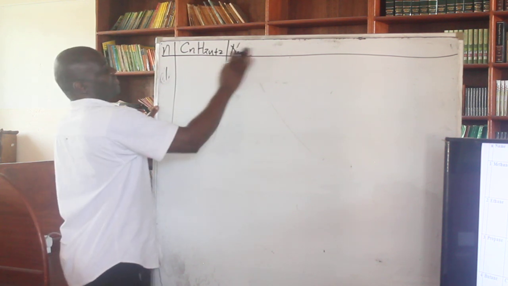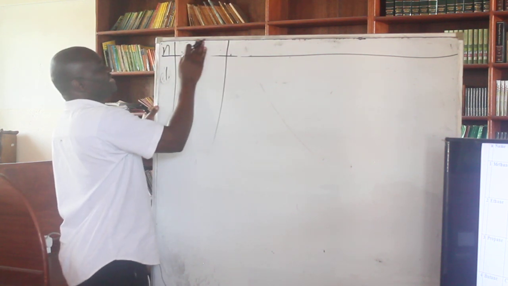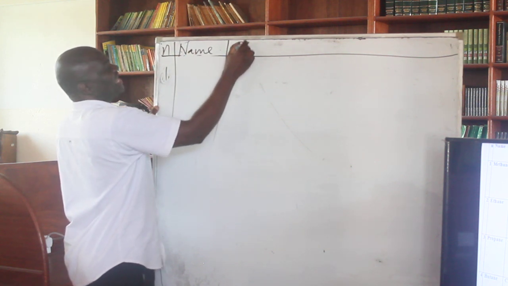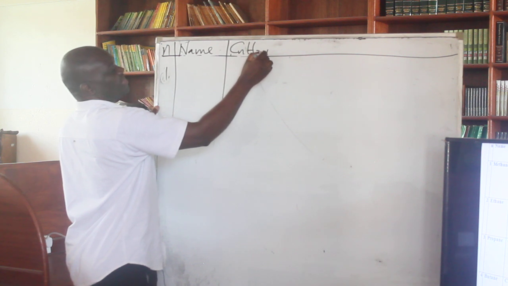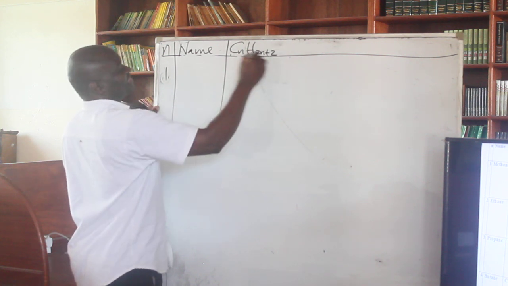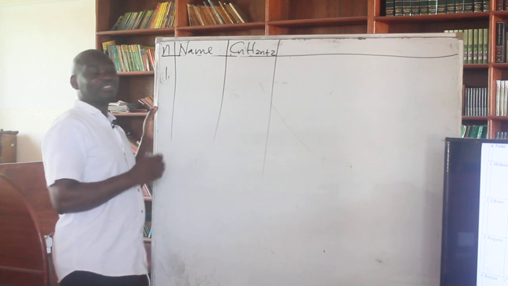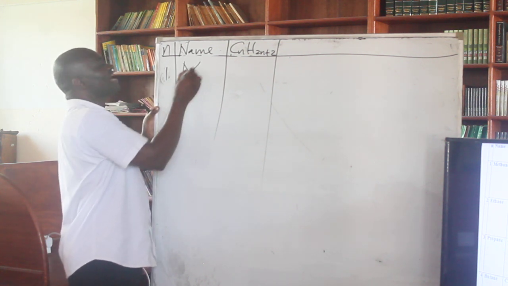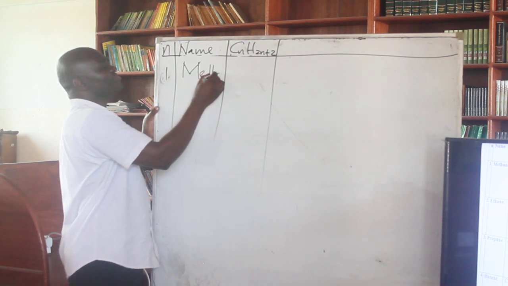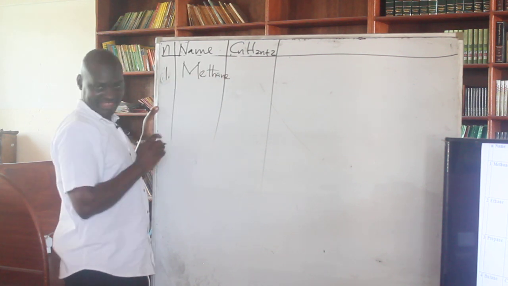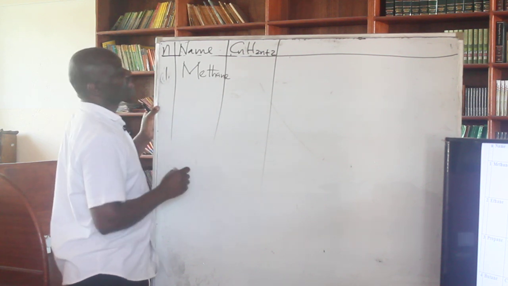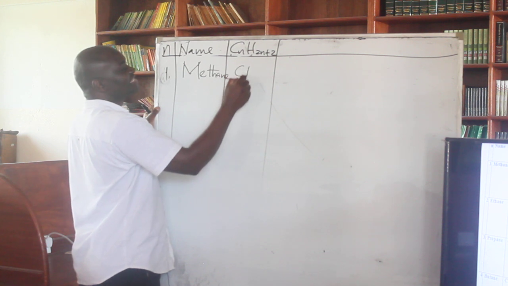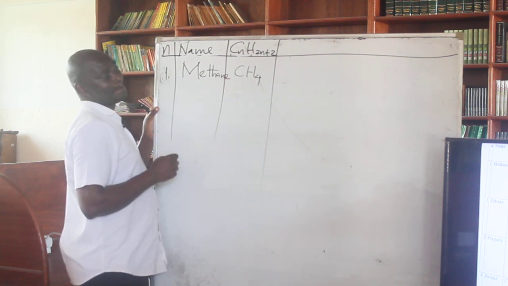Then we come up with the name. Where N is 1, we call that alkane methane. And when we substitute N is equal to 1 here, we get CH4.